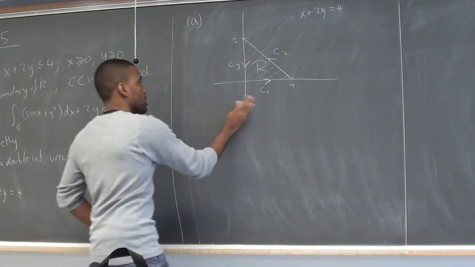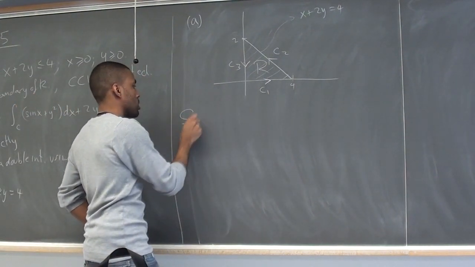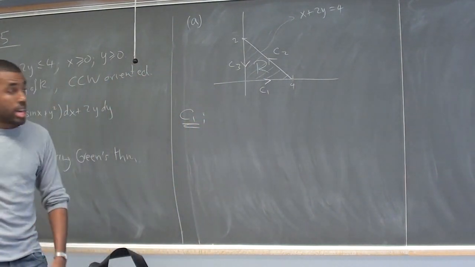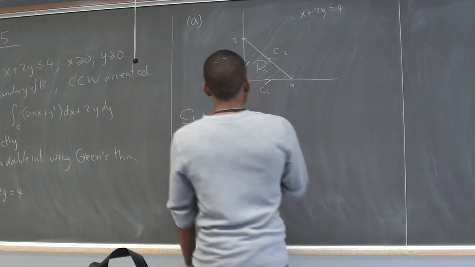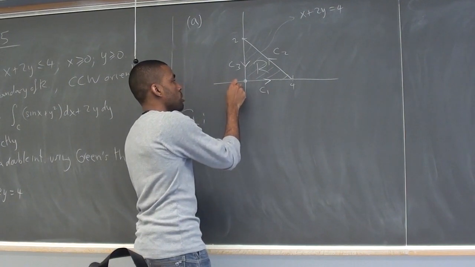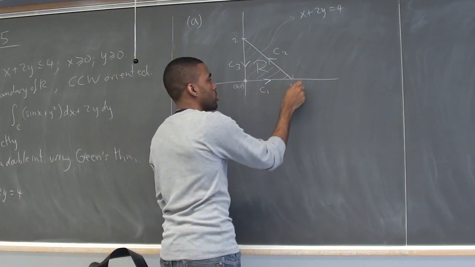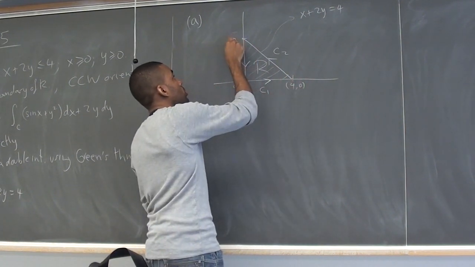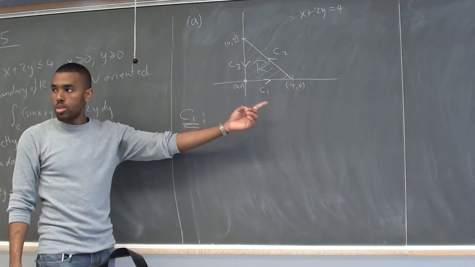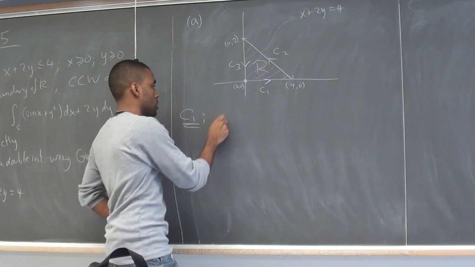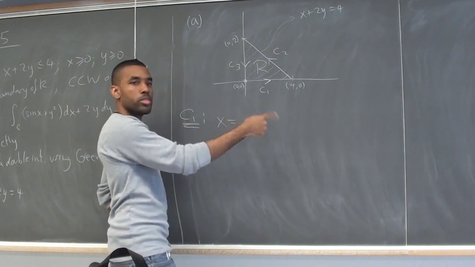Now let's do it directly. We're going to have to do it along each curve and then add them together. So for C1, we're going from the point 0, 0 to the point 4, 0. This is the point 0, 2. Your x goes from 0 to 4, so it's 0 plus 4t.